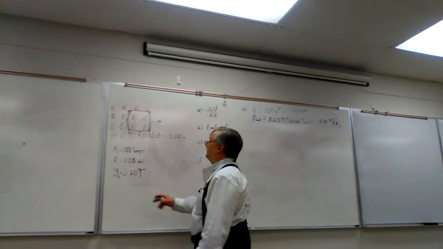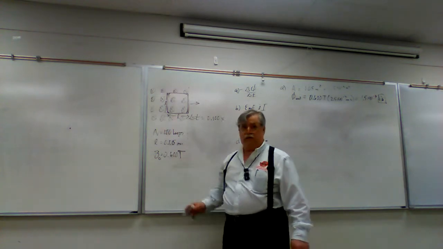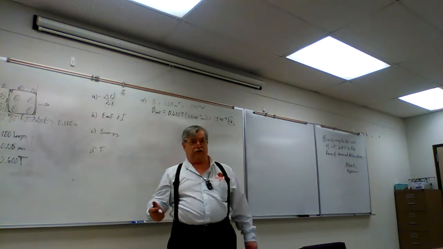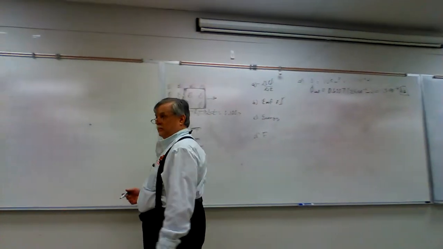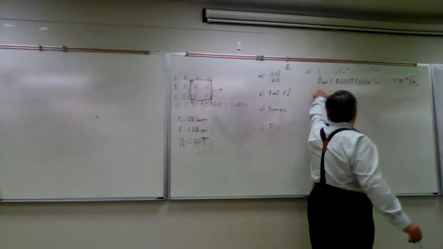Magnetic field, B sub naught, has units of Tesla or Gauss, where 1 Tesla is equal to 10,000 Gauss. What's the unit of magnetic flux?